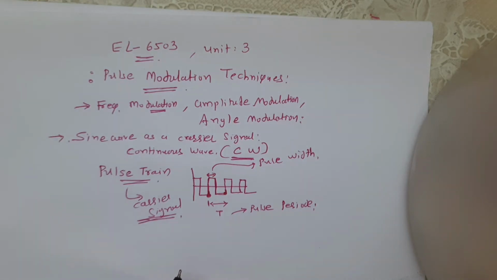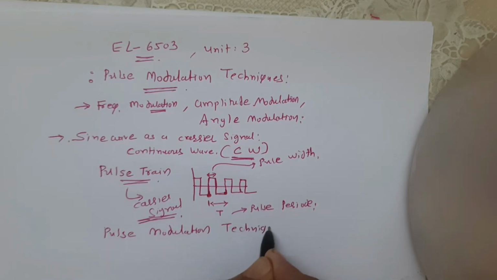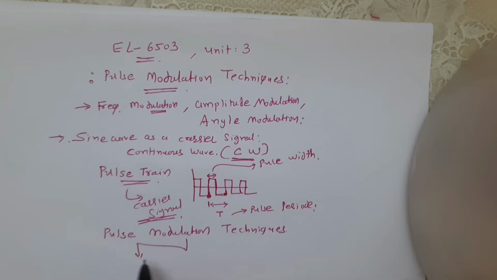The pulse modulation techniques are broadly grouped into the pulse analog and pulse digital techniques. So this pulse modulation technique is divided into two parts: pulse analog and pulse digital techniques.